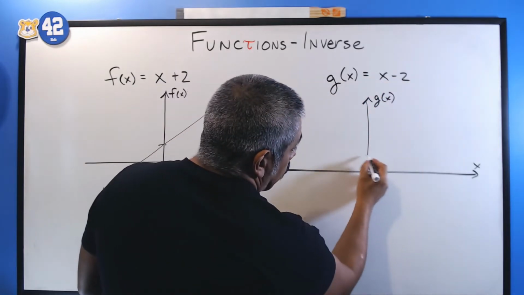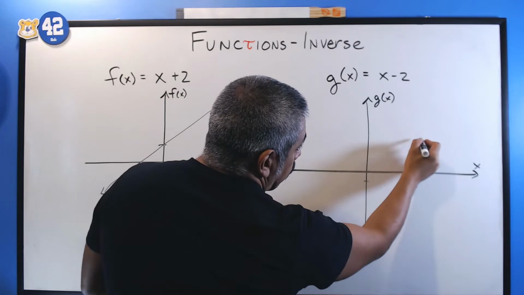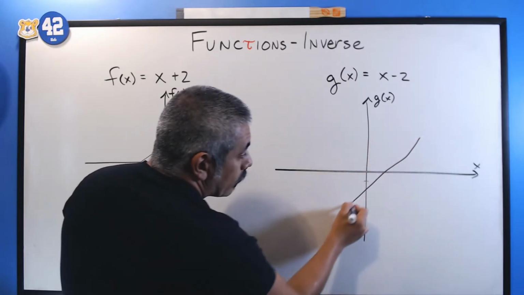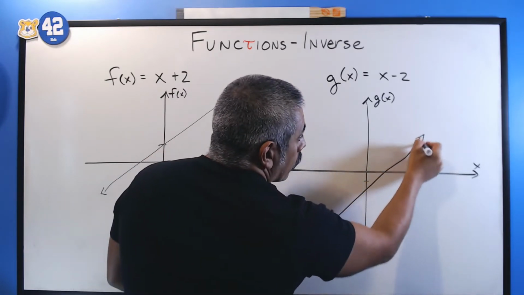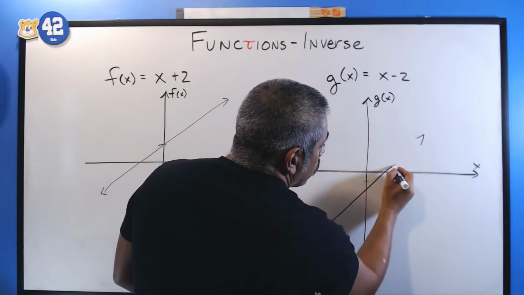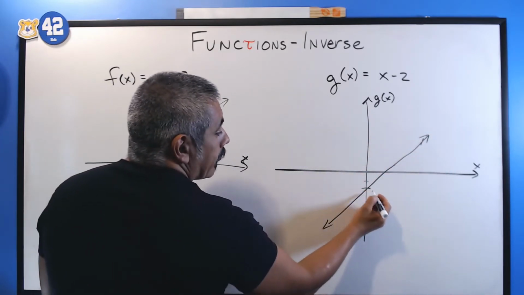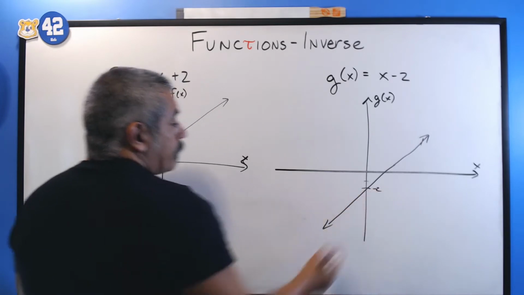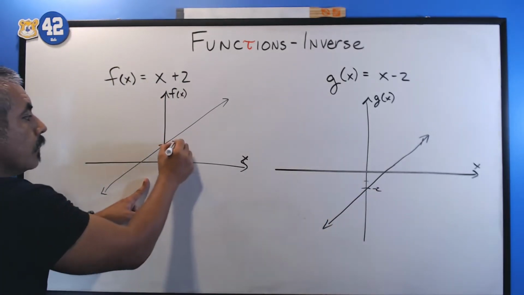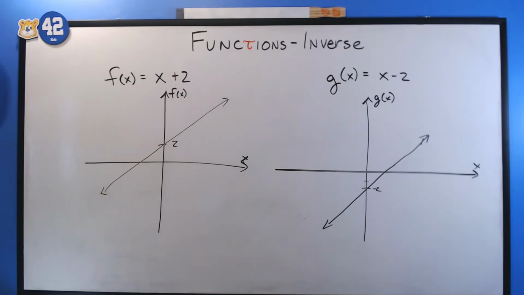So instead of being up here, it's going to be 1, 2, somewhere down there, and this one's going to go like that. Now, the slope didn't change at all, but the y-intercept did on the inverse. Up here we have a 2, and down there we have a -2.